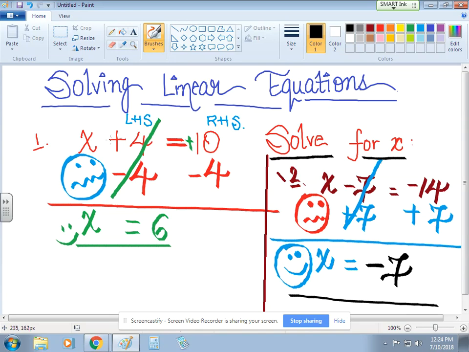So if it was plus here, I change to minus. If it was minus here, I change to plus. And that person pretty much goes to the other side. What you do on one side, you do to the other side also. After that, students, you get rid of that number and you get your answer. So that was about solving linear equations or solving for x.